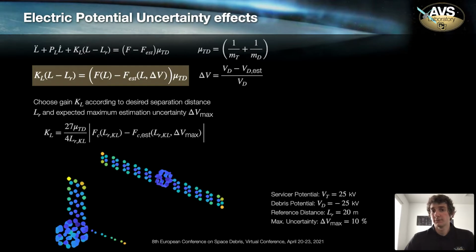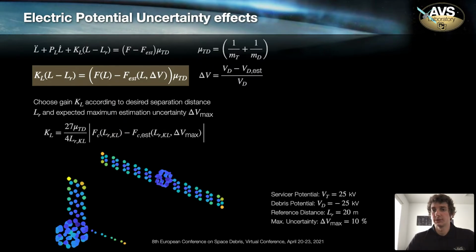If the force is misestimated, then the right-hand side of this equation is not zero anymore, as in the perfect estimation case, but is replaced by the difference between the actual force F and the estimated force. So the equilibria of the system are obtained using this equation, where the actual force F is a function of only the separation distance L if the electric potentials of the two spacecraft are held constant.